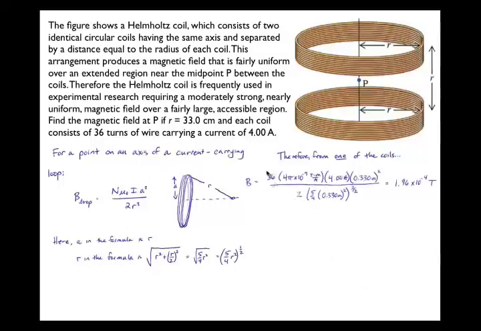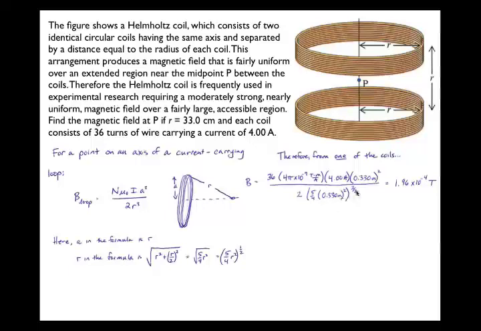So the number of turns in one of those coils is 36. Here is my constant, 4 pi times 10 to the minus 7 Tesla meters per ampere. 4 amps of current is the current flowing in this system. The radius of the system is 33 centimeters, so 0.33 meters squared, divided by 2 times, and then here's my expression for the distance, 5/4 R squared to the 1/2 power, and then that's all cubed, so it ends up being 5/4 R squared to the 3/2 power.